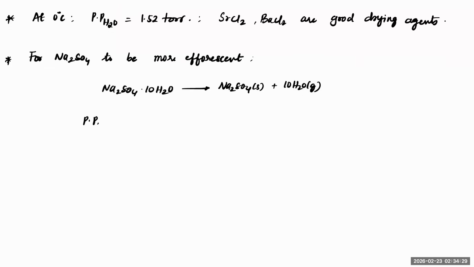The partial pressure of H2O is less than 7.6 torr, and usually this is the value at room temperature. And the partial pressure of H2O when it is in saturation is given as 15.2.